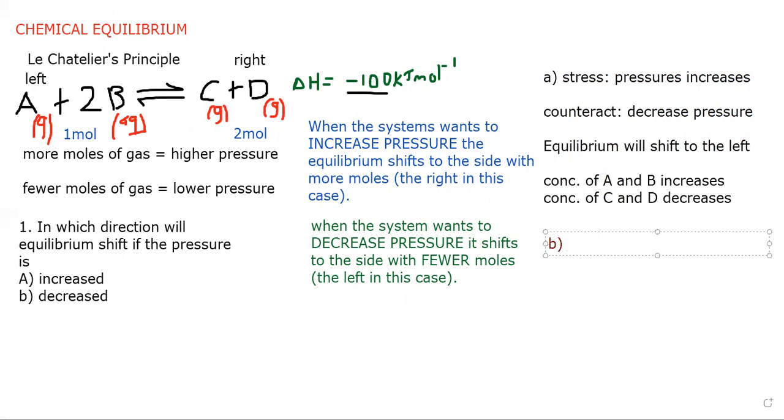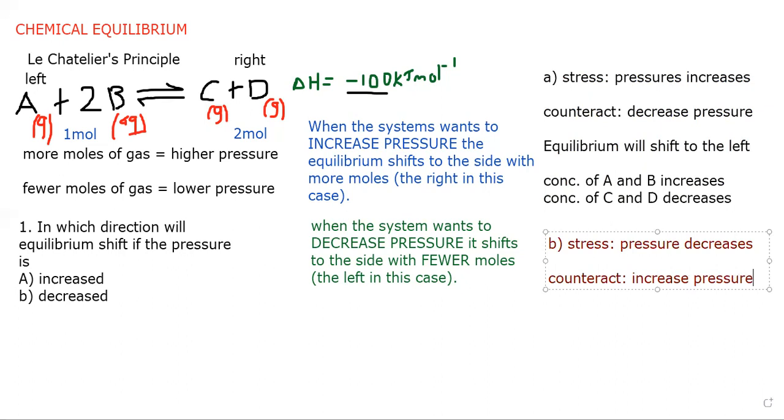if the pressure decreases, so the stress is that pressure decreases. All right, so we would have decreased the pressure. The system will counteract it by increasing the pressure. How it will do this is shift the equilibrium to the side with more moles. In this case, it is the right-hand side.